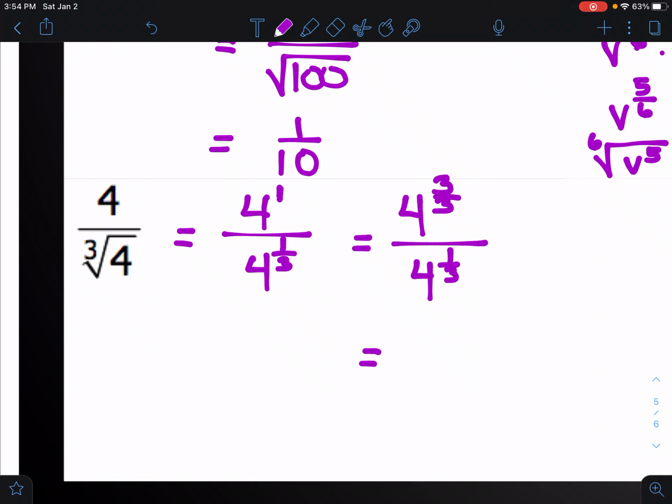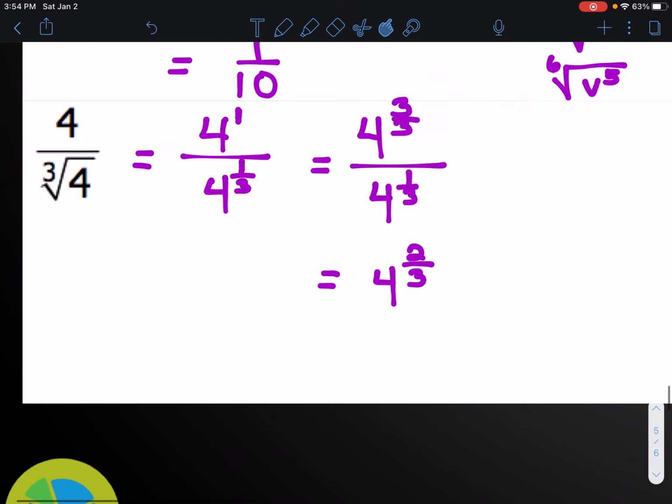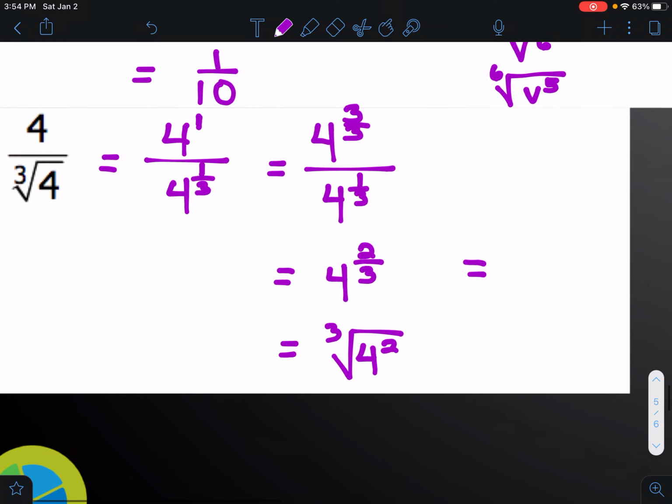Now if I subtract, I'd get 2/3, and then rewrite. Let's see. So this is 4 to the 2/3, which is the cube root of 16.